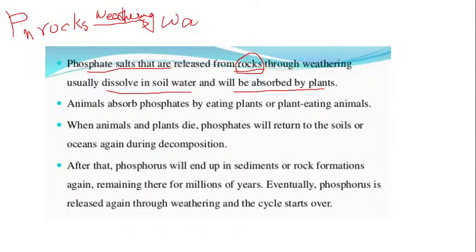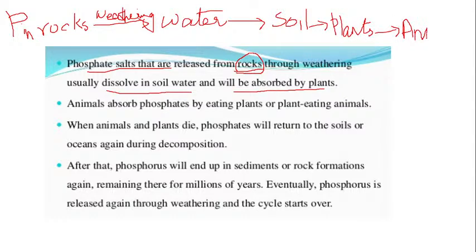From the water, it reaches the soil. From the soil, plants use this phosphorus. And when animals eat plants, it will reach the body of animals. This is how the cycling of phosphorus is taking place.